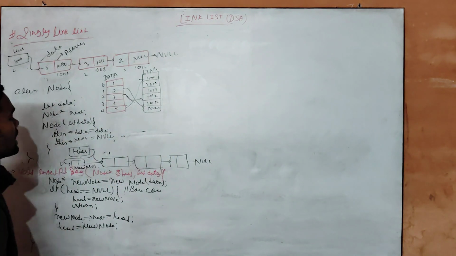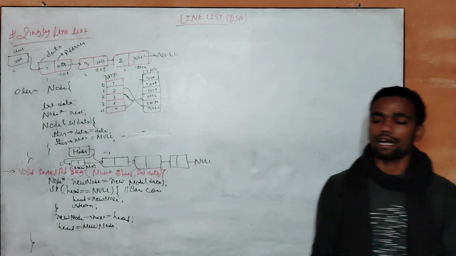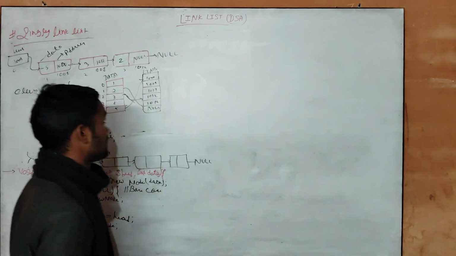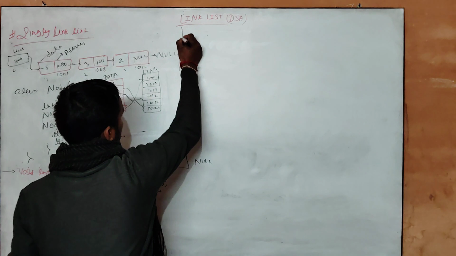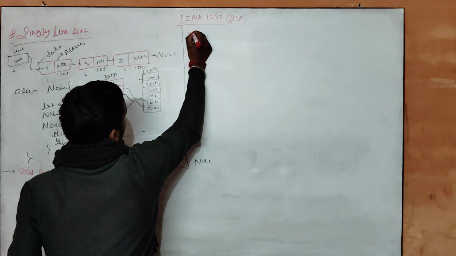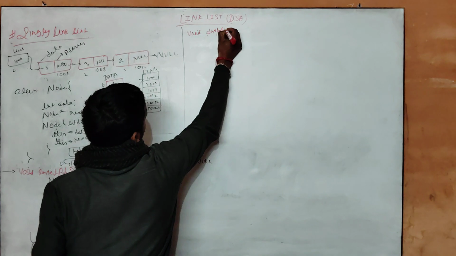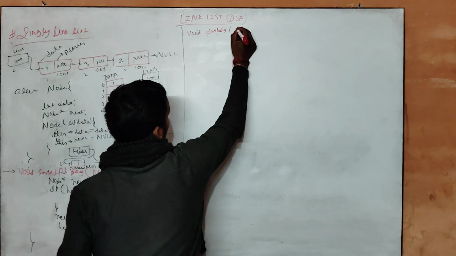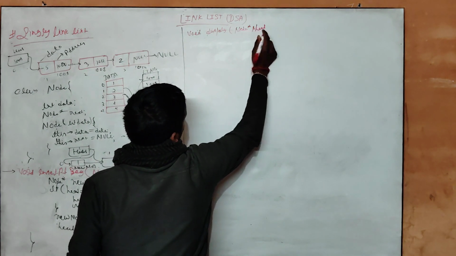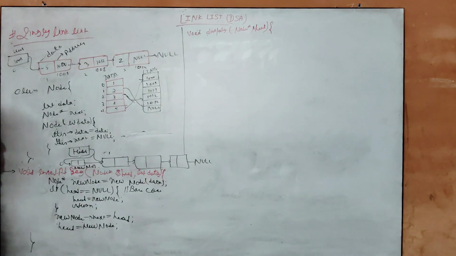Okay, now I'm going to start writing one more thing. How can I print here? I'm writing one function to display. How can we display the linked list? Let's see. I am writing the word display. It will also take a node, simply the head address.